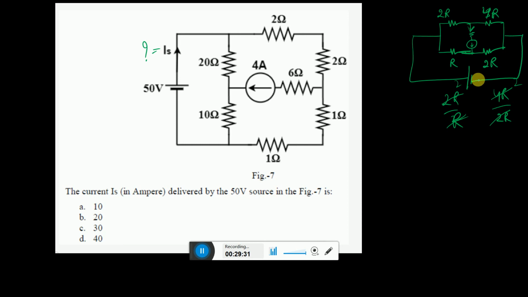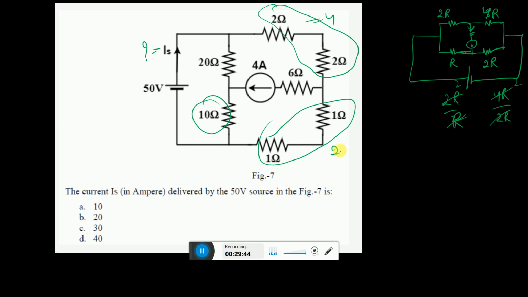Meaning, if one side is 20 and the combination of these two is 4, and here one side is 10 and the combination of these two in series is 2, then 20 is to 4 is the same as 10 is to 2. If this is the case, the current going here will not be affected by whatever is inside this network.